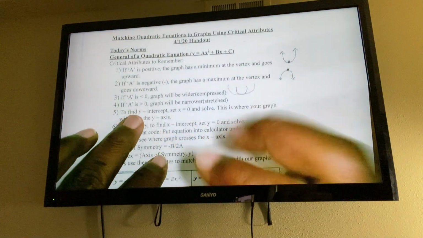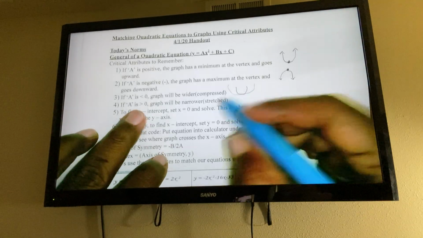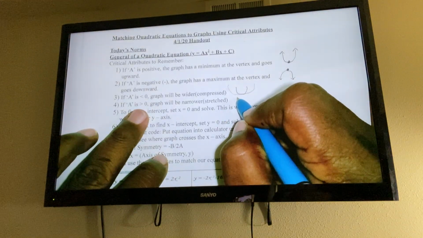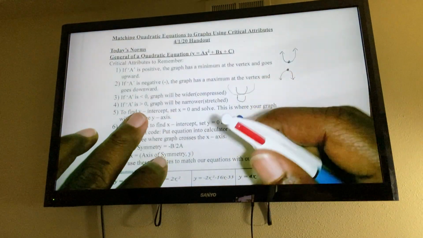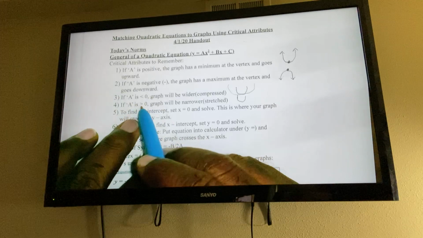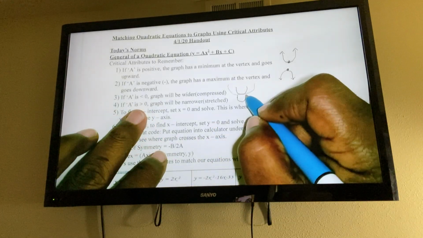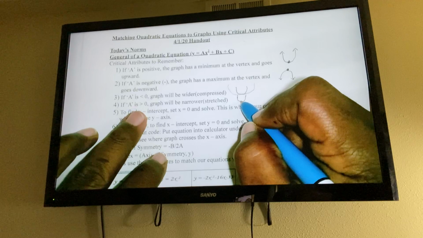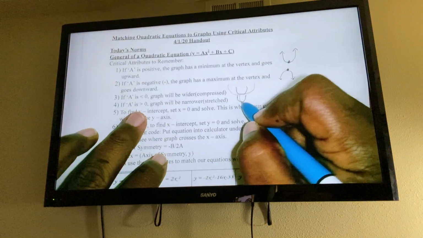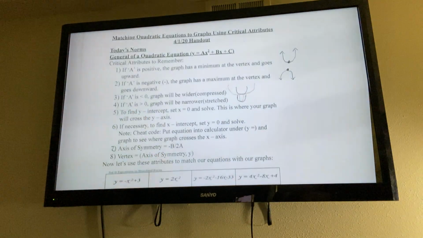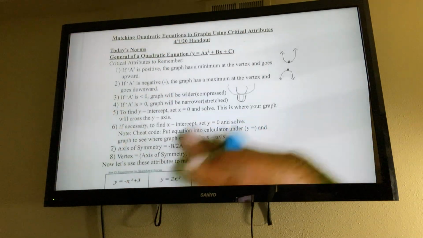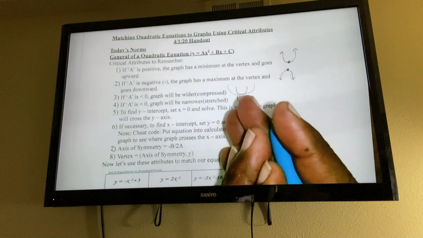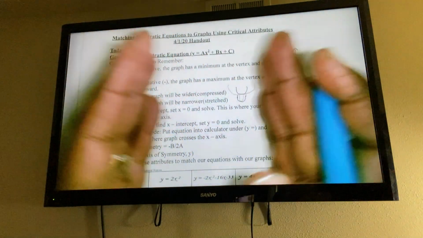And if a is greater than 0, then our graph is going to be narrower. When it's narrower, that means it's stretched, and when it's compressed, that means it's going to be wider.